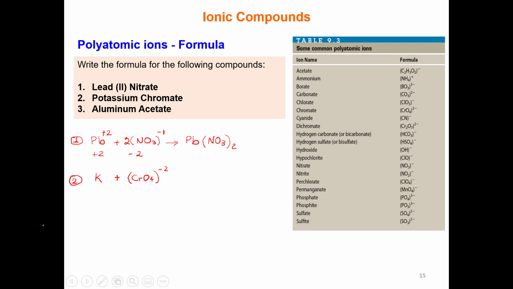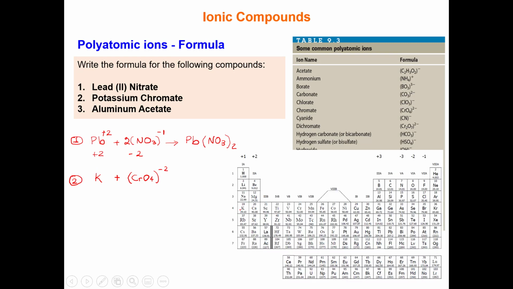And now we need to check what is the charge in the case of potassium. We know potassium is in the first group, so potassium is +1. And we can write here +1.